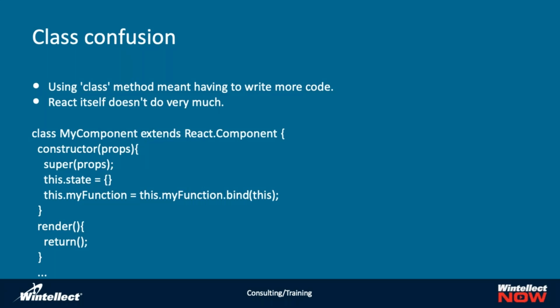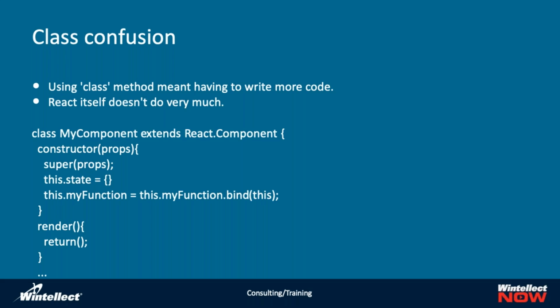The new class method of creating React components created some confusion. Using the class keyword meant having to write much more code, and React itself did even less than it previously did. Instead of React creating components for you, you had to manually do everything.